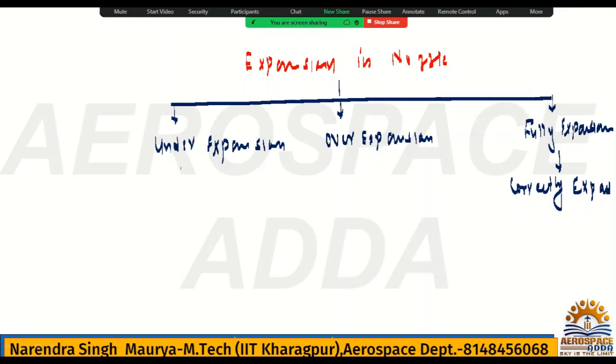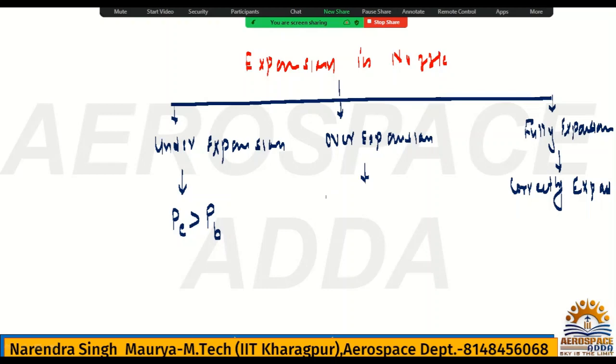So what was under expansion? Under expansion means pressure is still available to expand, so the exit pressure is greater than the back pressure. Over expansion means extra expansion.